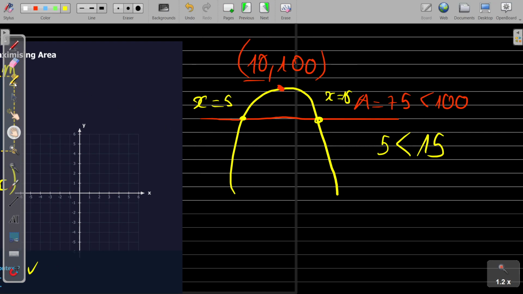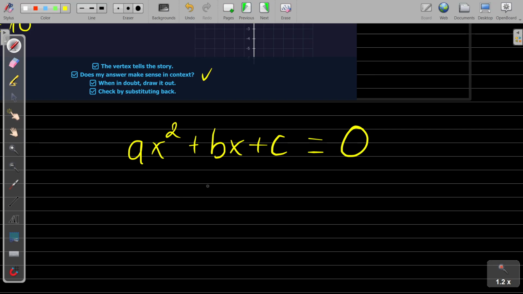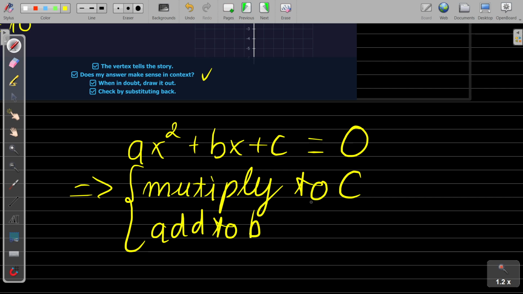Now let us recap the habits that we built. Whenever we have this form of quadratic, or any kind of number here, what you want to immediately think is: multiply to C, and add to B. This is our game changer for factorizing.